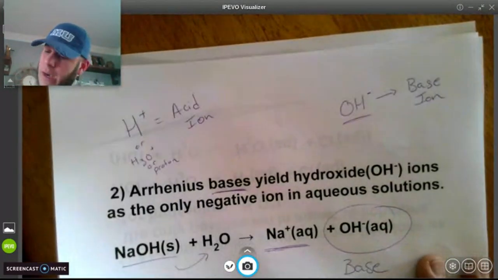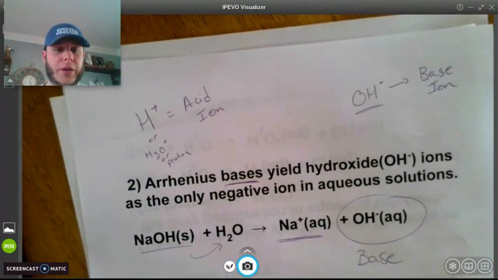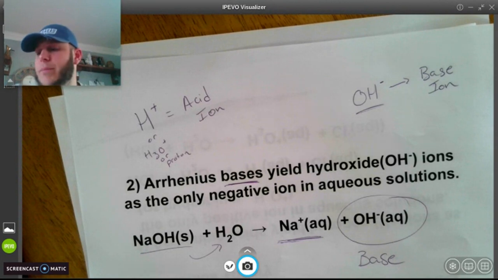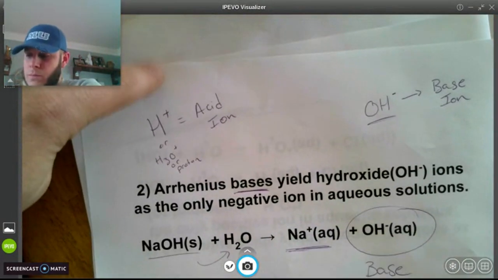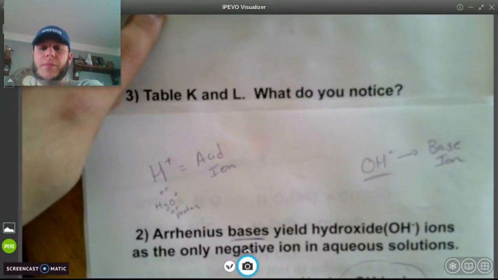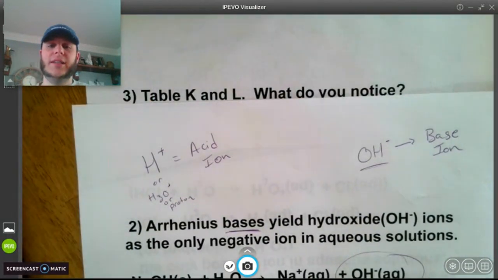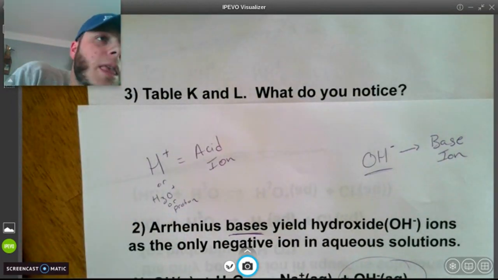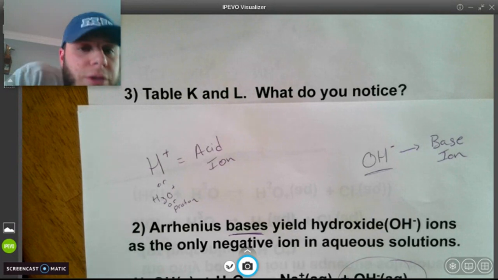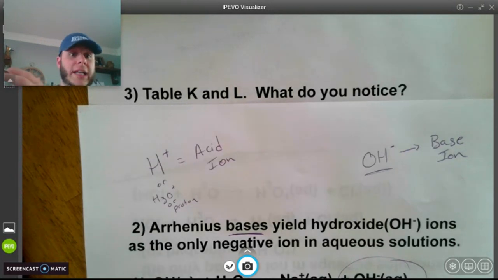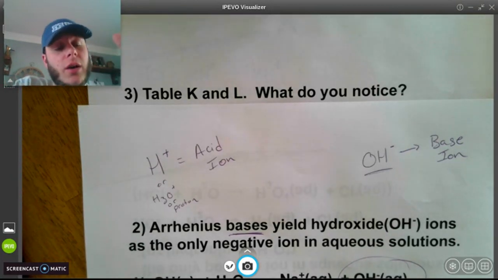Now, if you have your reference table, and if you don't, it would be a great time to pause the video and go get it. I'm going to ask you a question, so pause once the question comes up. When you look at Table K and Table L, what do you notice about the molecules on each one respectively, as it pertains to what I just talked about with H+ and OH-?